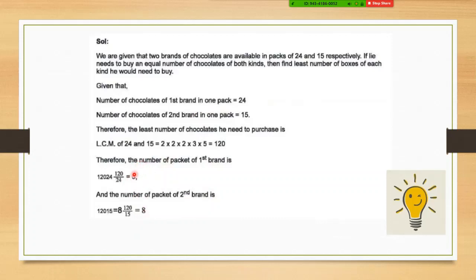So your answers are 5 and 8 boxes. 5 boxes of 24 chocolates and 8 boxes of 15 chocolates. Yes, this is the answer. 5 and 8 is the answer. 120 is not the answer.